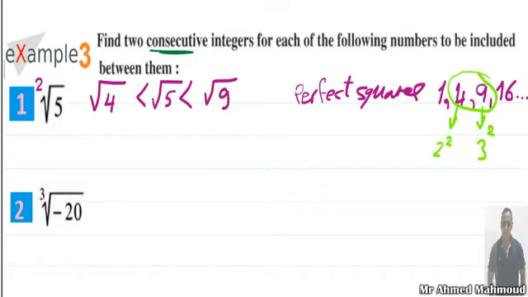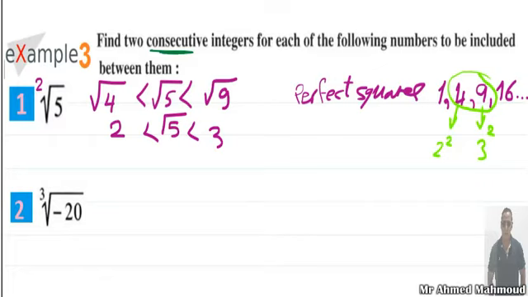This is clear. 5 is greater than 4 and smaller than 9. Why do I choose root 4 and root 9? Because root 4 equals 2 and root 9 equals 3. Then root 5 is included between 2 and 3.